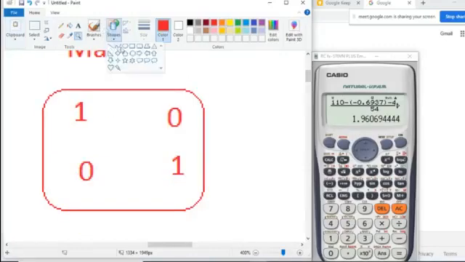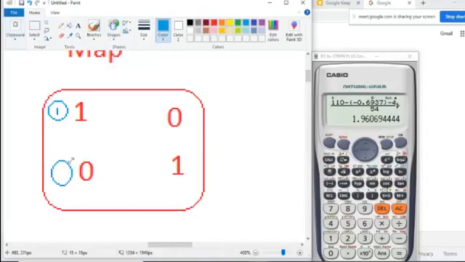Step number 1 is this number. This number should be 1. Remember, step 1 all the time, I will convert this place to be 1. Step 2, I will come to this number. All the time, I will try to convert this place to be 0.